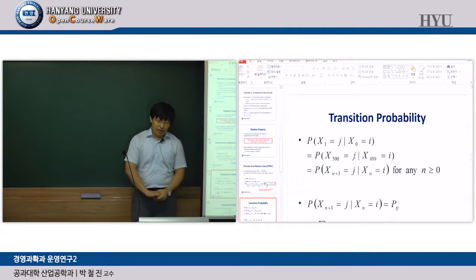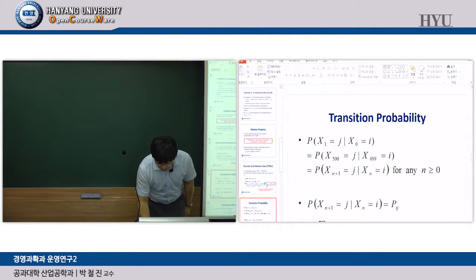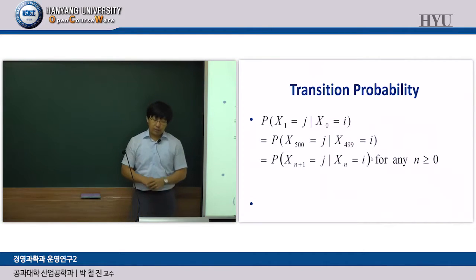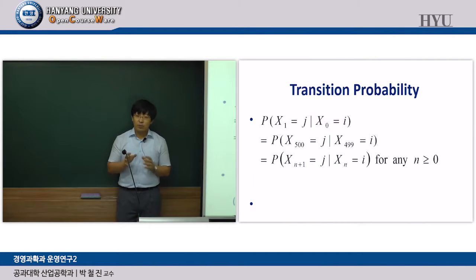For a discrete time Markov chain, the transition probability is a very important concept.